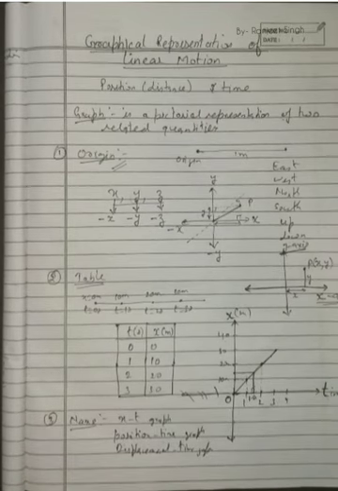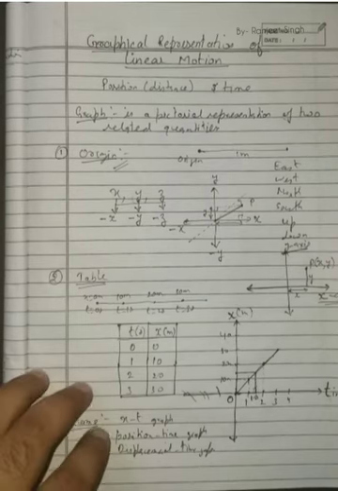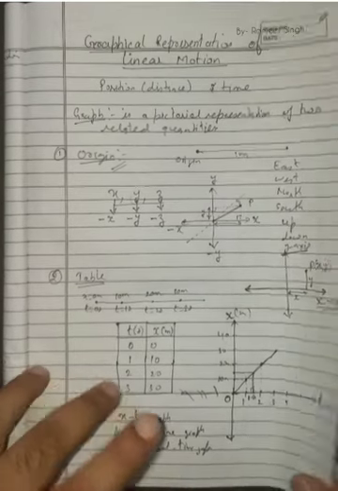So we have to name it also. So for any graph, we need the origin point, we need the table, and we also need the name to be given to the graph. So in this way we can draw the graphs.